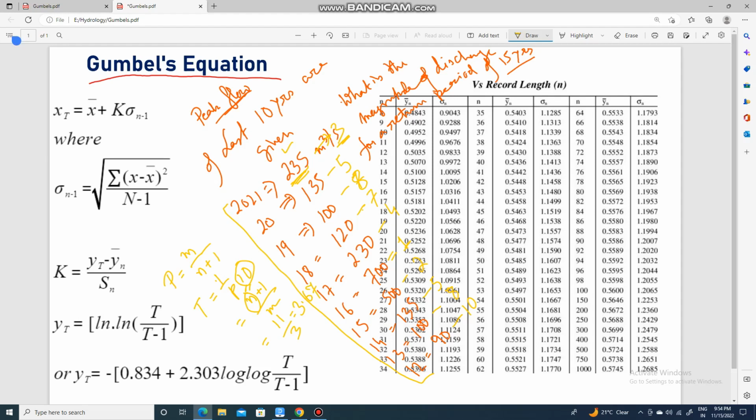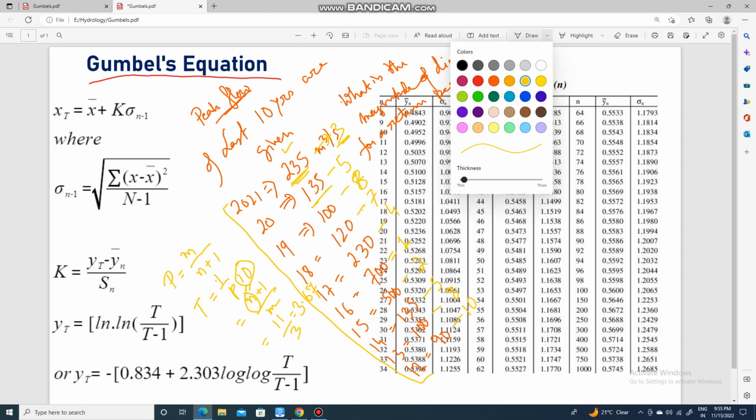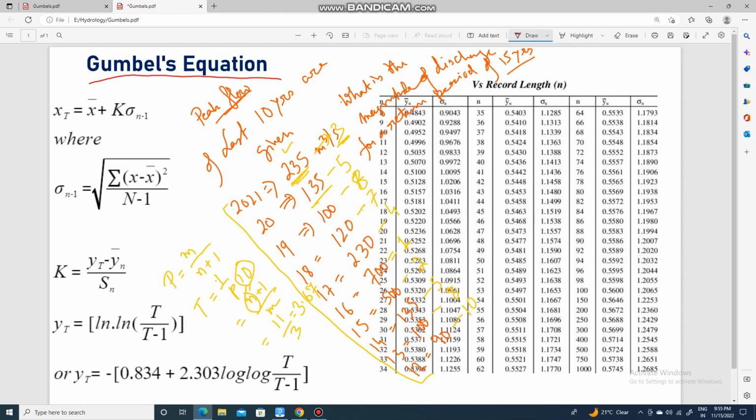Now similarly you can calculate the return period of this event. It will be 11 by 5. So this 235 has a return period of 3.67 years.